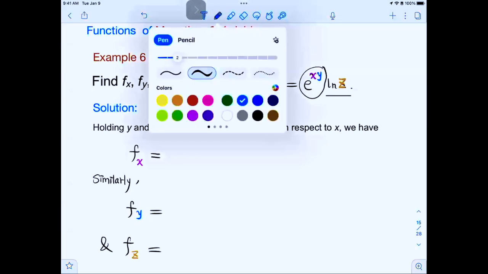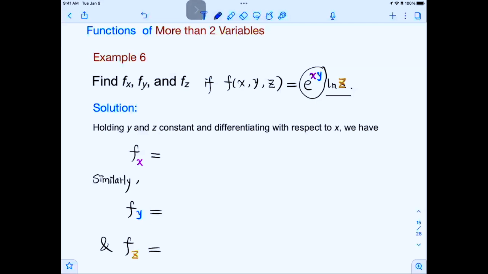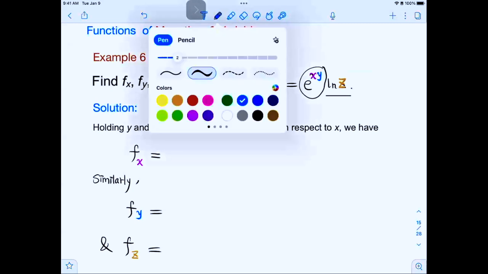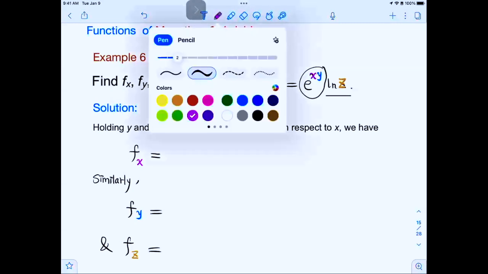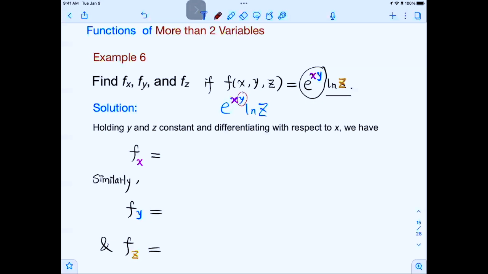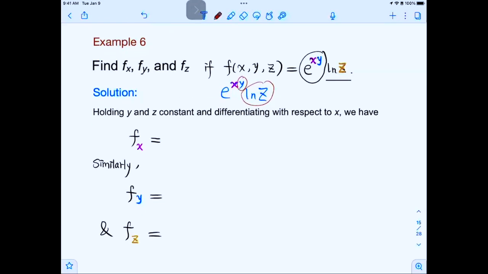Okay. So e to the xy times ln of z. If we try to find the partial derivative with respect to x, then you can think about the y and the z here as constants. Okay. What will be the partial derivative with respect to x here?